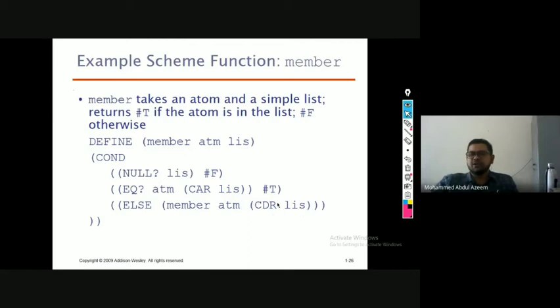Then you go for the subsequent remainder part of the same. So for that again you apply the CDR. That way you will be recursively calling this function until you return either false or true. Fine. If it is found, then you return true. Otherwise, you return false. Right?